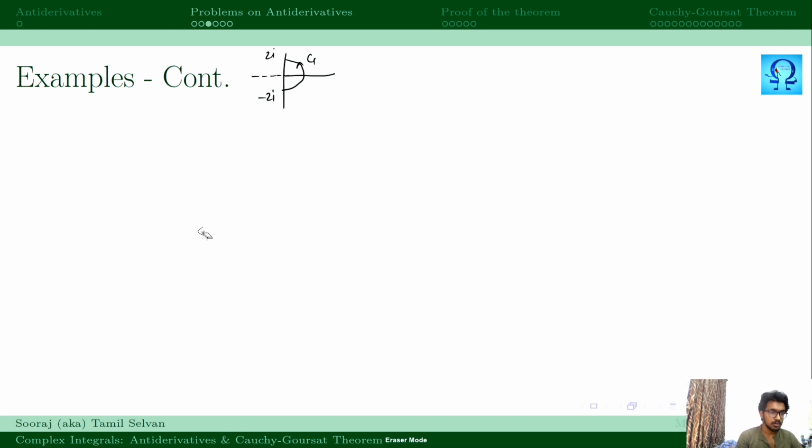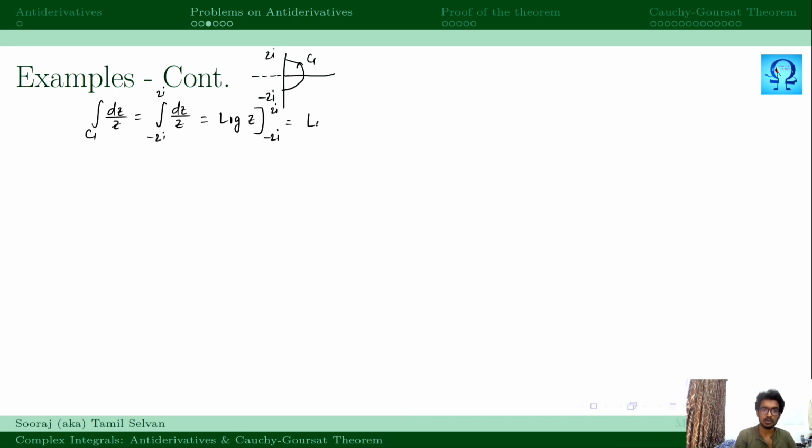So the integral over C1 of dz upon z is the integral from minus 2i to 2i of dz upon z. The principal branch serves as the antiderivative, from minus 2i to 2i.